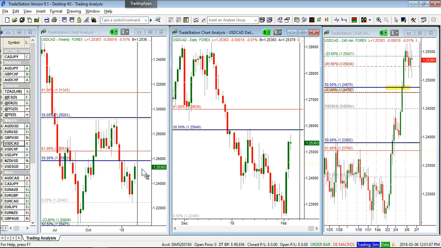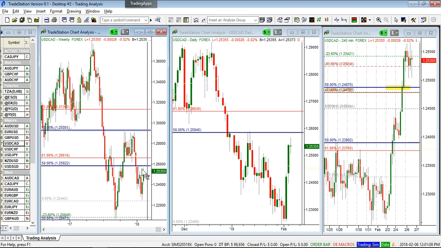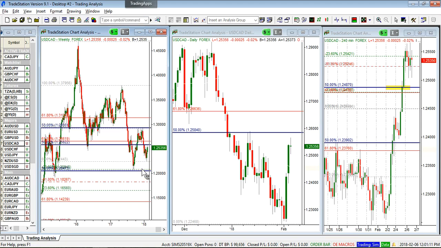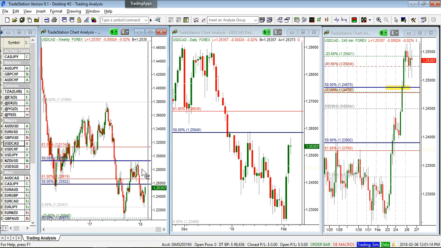So we will see whether that level holds or not. So we are looking here also at a potential reversal scenario for the US dollar Canadian dollar here.